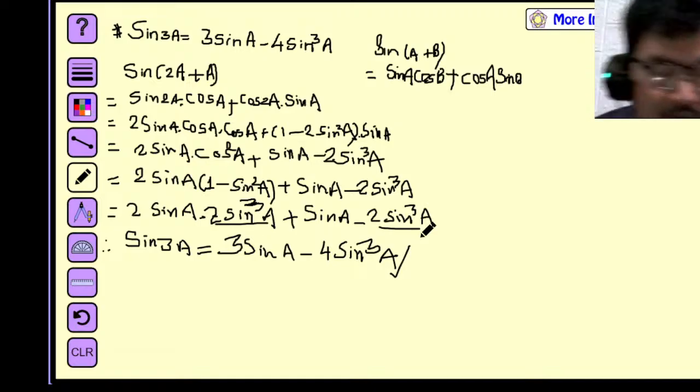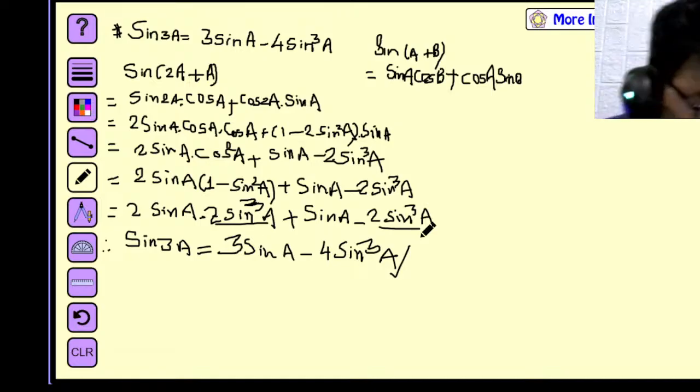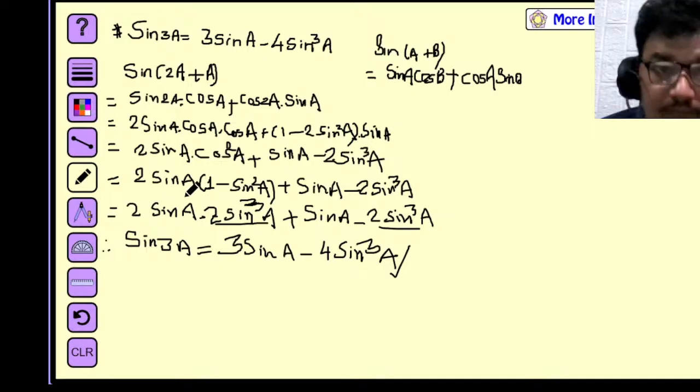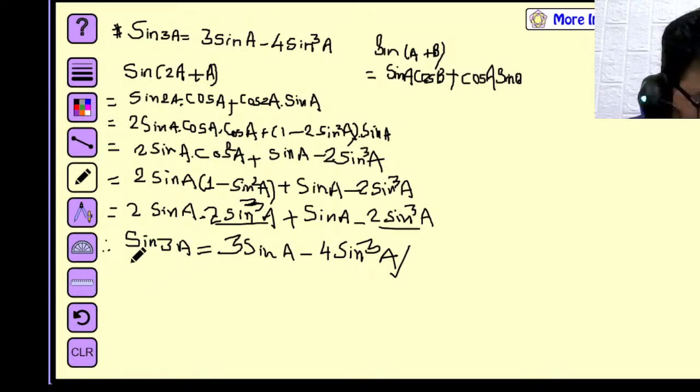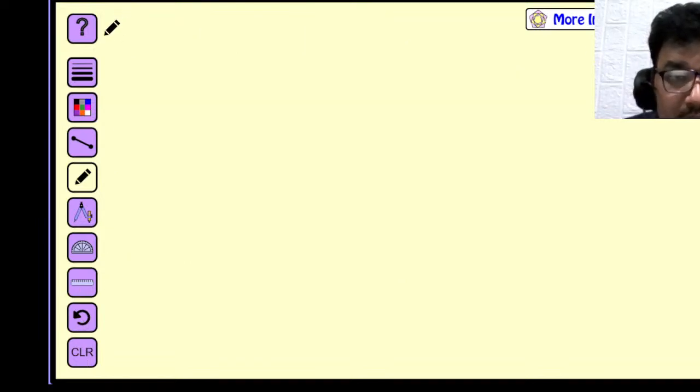Look, similarly, I want to show you here how to derive the formula of another multiple angle. I have to clear this first of all, and I want to bring the next one here, that is cos 3a.